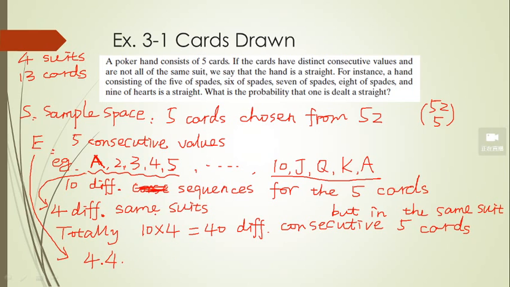And then for the third place, the number is fixed, and different suits we will have 4 also, right? And the fourth one, the number is fixed, 4 different suits. So that will be 4 to the 5, right?